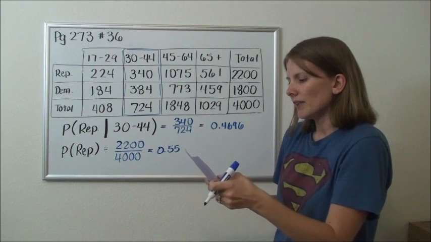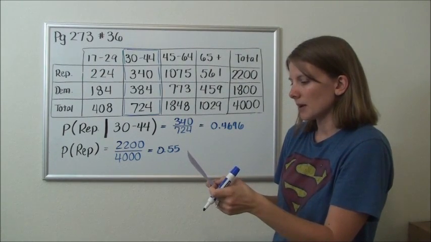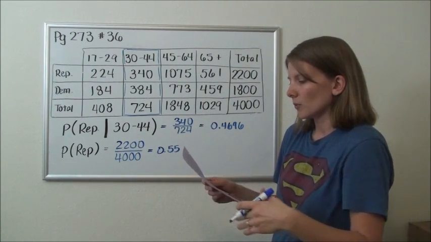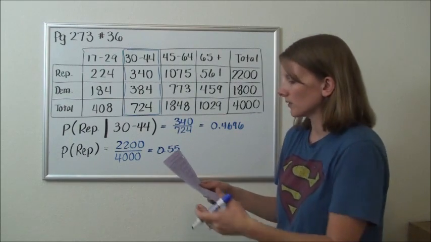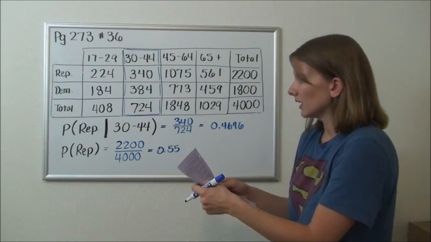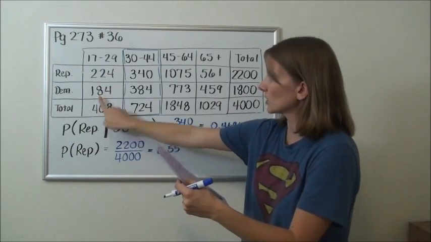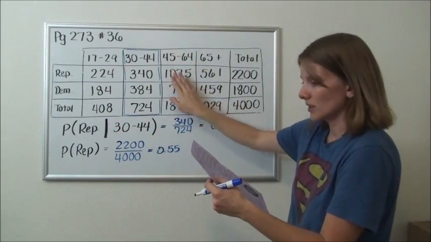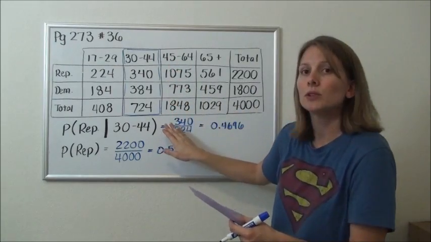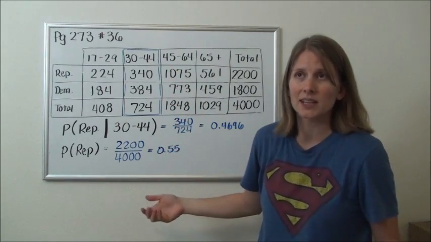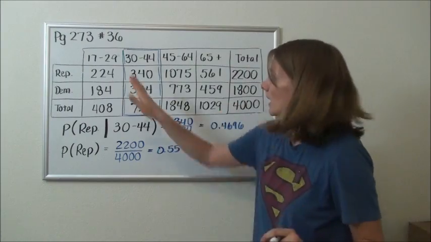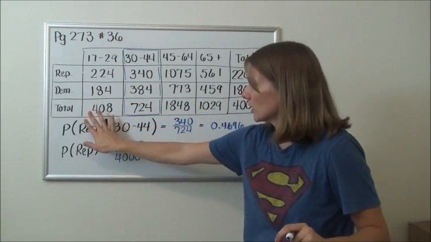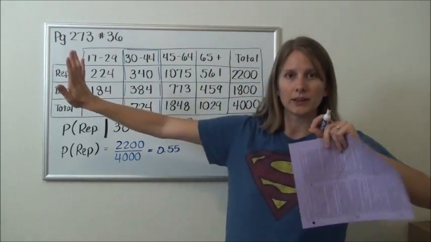And then for parts C and D, they're asking about categories and whether they're mutually exclusive or not. So part C wants to know if this age category, 17 through 29, and this age category, 45 through 64, are mutually exclusive. Basically all that's asking is, is there an overlap or not? I can see that the people that are over here and the people that are over here are completely separated.